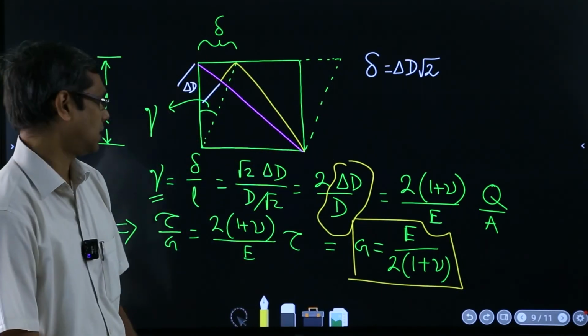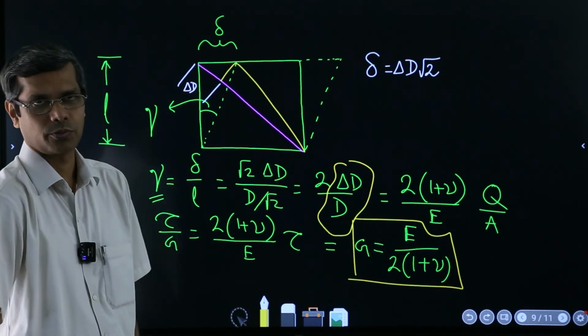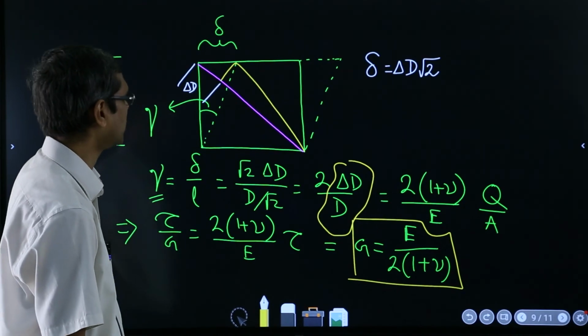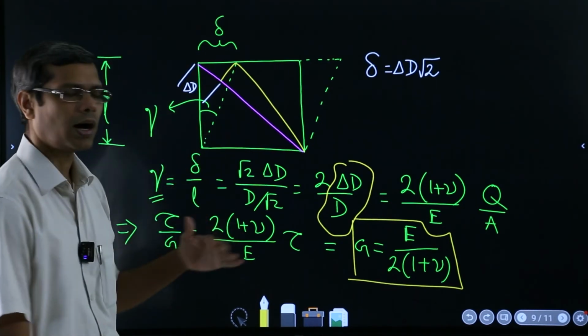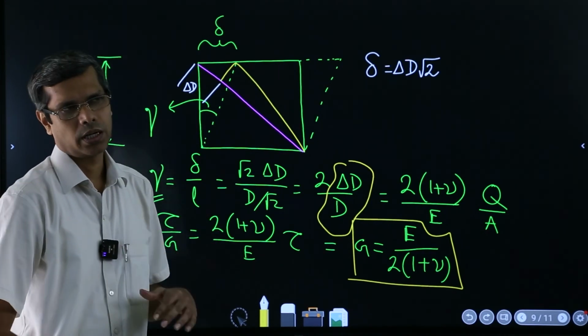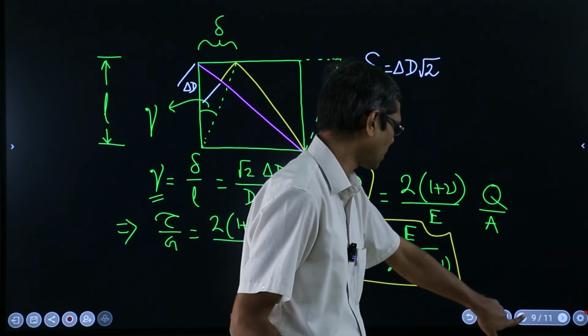So again we arrived at the same relationship, which we definitely should get, the same expression we were looking for, but the arguments and concepts used here are very different, at least on first look.